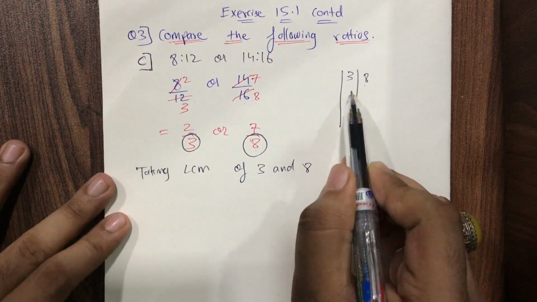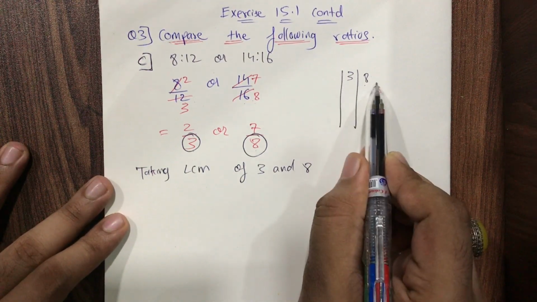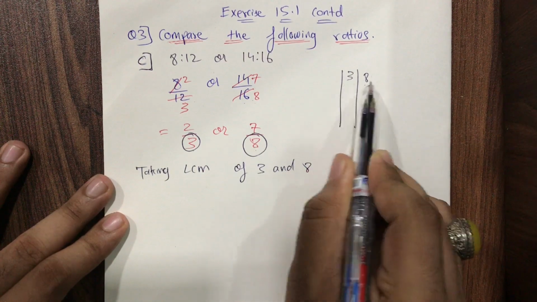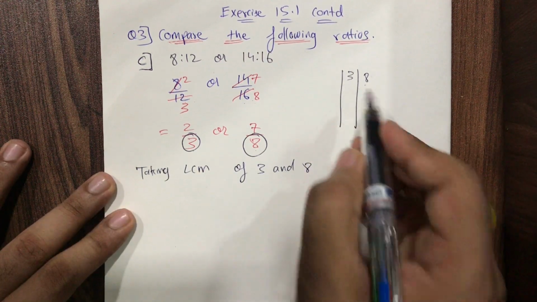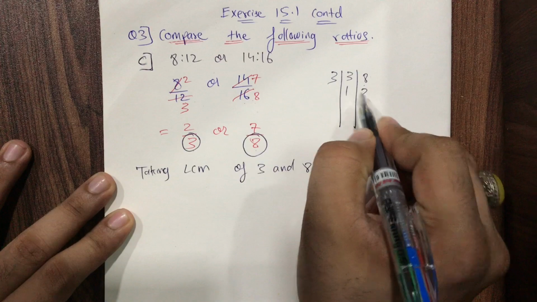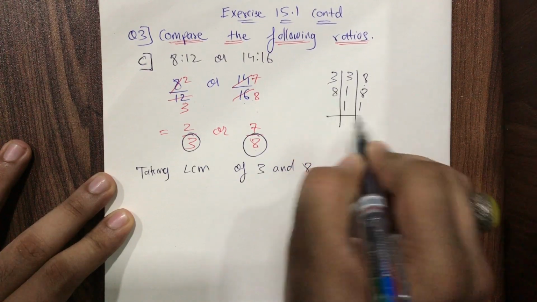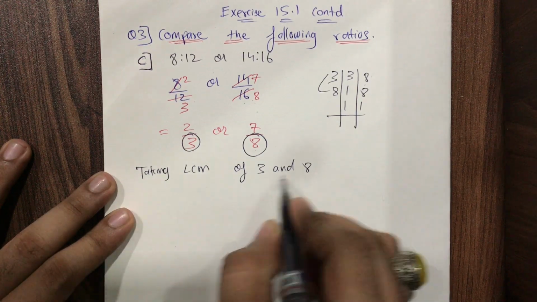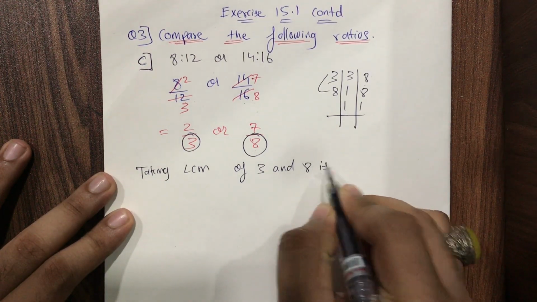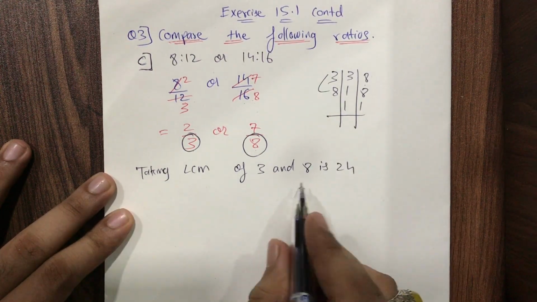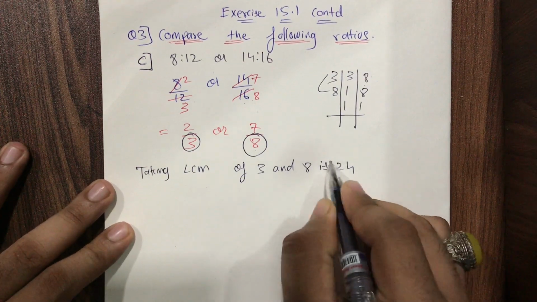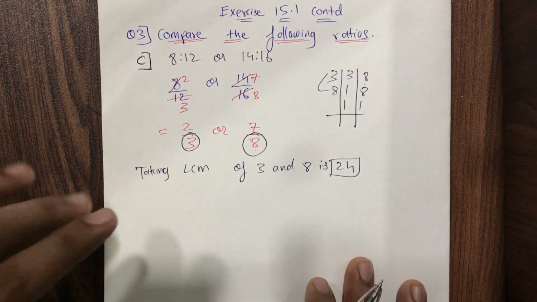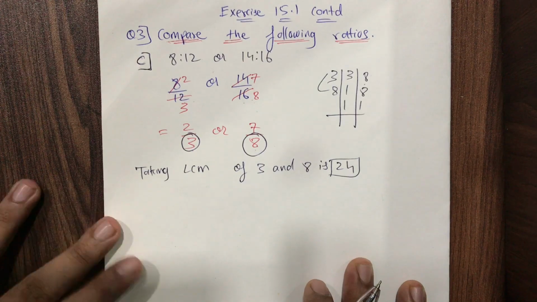So that means the LCM will be just the multiplication of 3 and 8. This happens only when there is nothing common between two numbers. But even then, I'm showing you all: 3 8s are 24. So LCM of 3 and 8 is 24. Taking LCM of 3 and 8, which is 24, I'm making both the denominators 24.